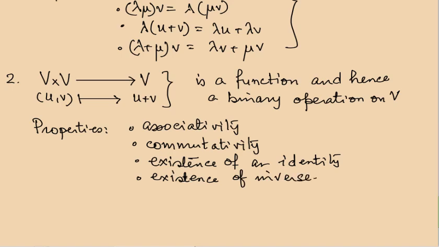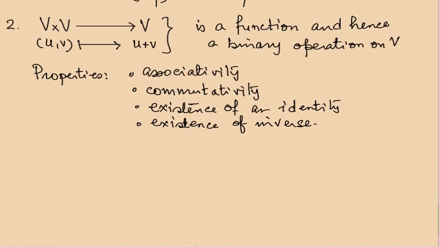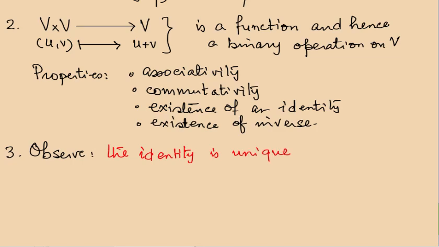Now a few more on the lines of the existence of identity. The first thing to observe is that the identity is unique. So let's give a quick proof.